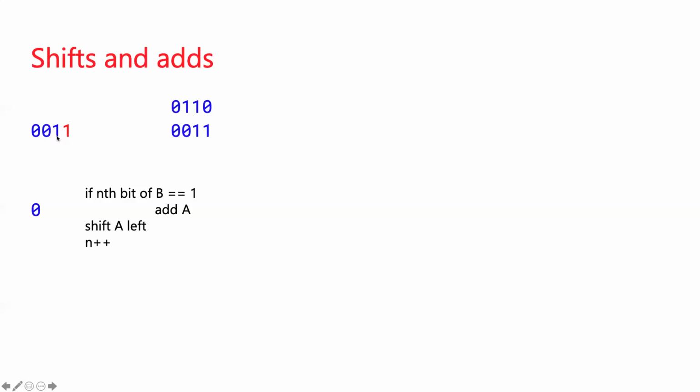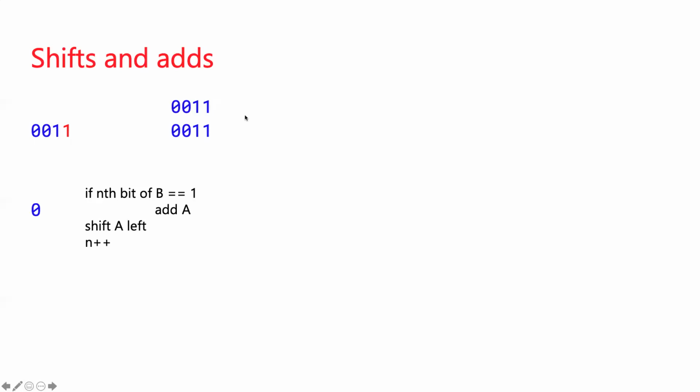So you need 3 copies of A added in. This is the ones place, so you need 1 copy of A. That's the twos place, so you need 1 copy of 2 times A. I'll do the 2 times A by shifting A to the left. And I just did that between the previous slide and this one.